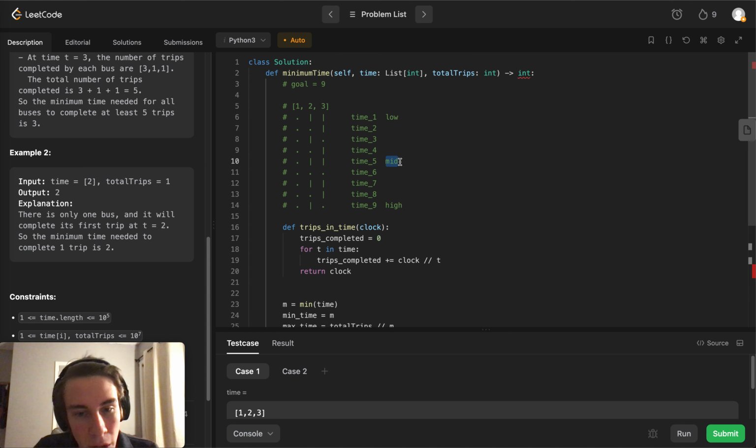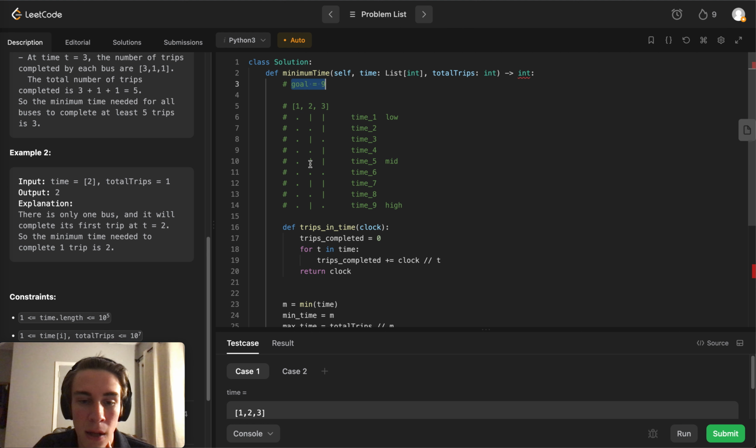If we're looking at mid and we're trying to have the minimum time to complete all the trips, in the case that we actually hit a, okay, so here's a tricky part.